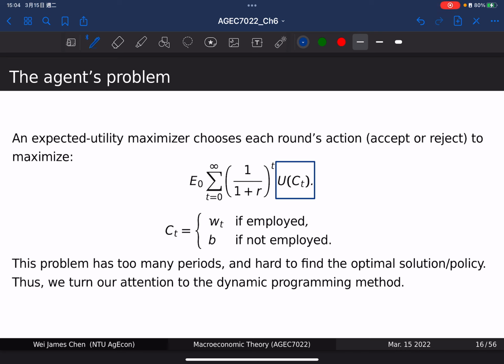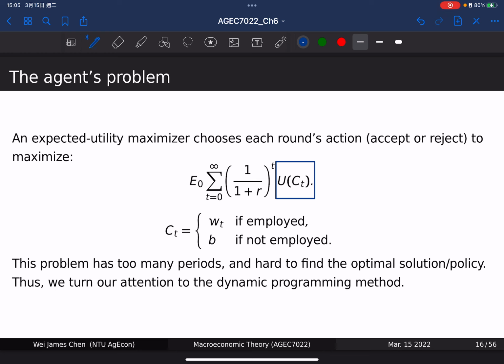So C_t is going to be either w_t or b. If he is unemployed, then it's b. If he is employed, then he will receive w_t, the wage at time t, because in different periods the wage might differ, right?